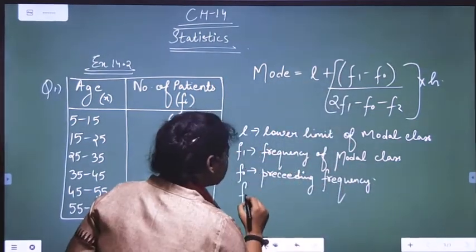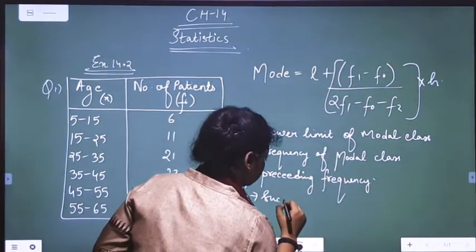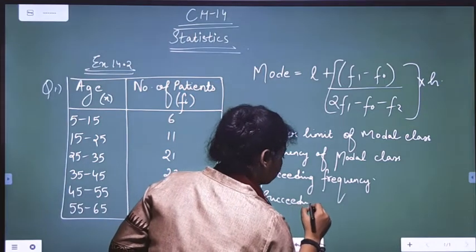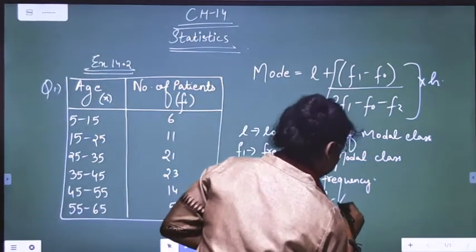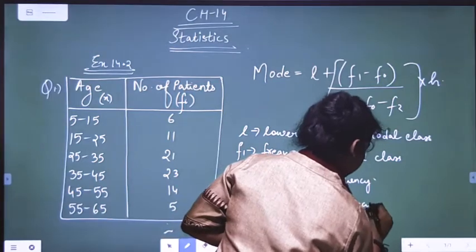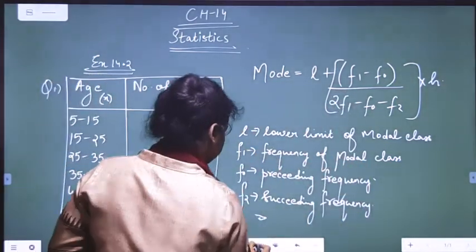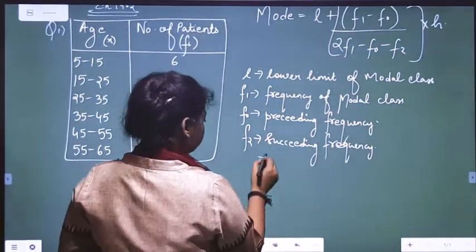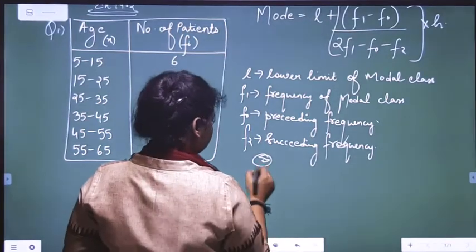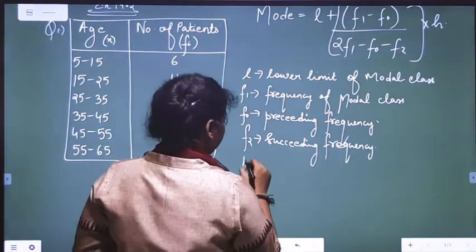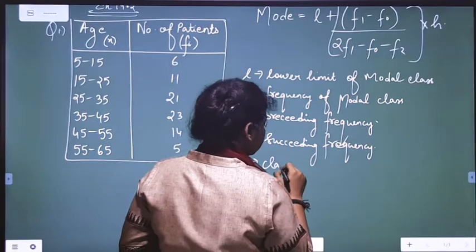And F2 is the succeeding frequency. And last, H. H is the class size.